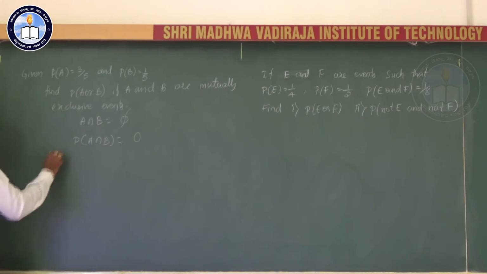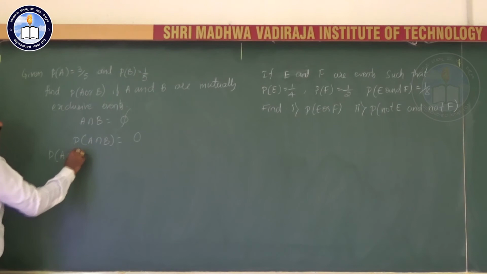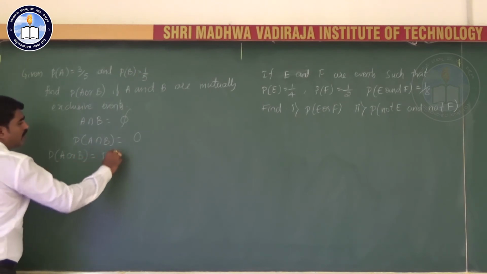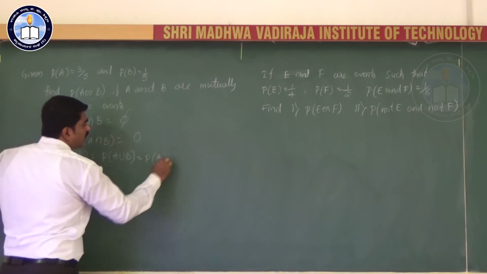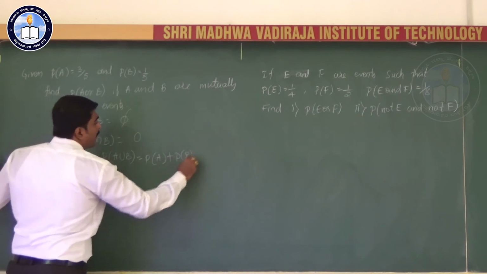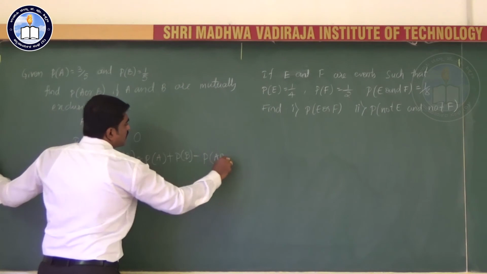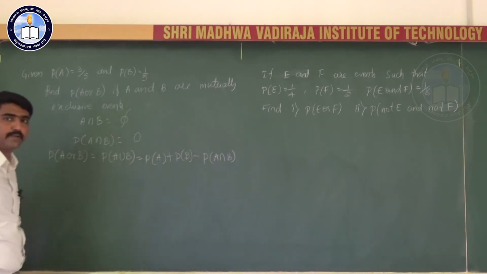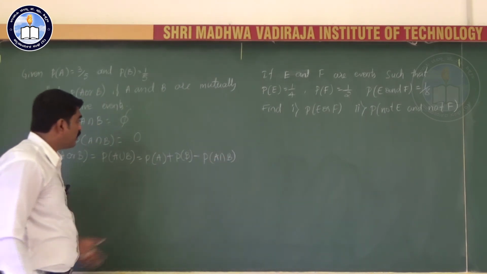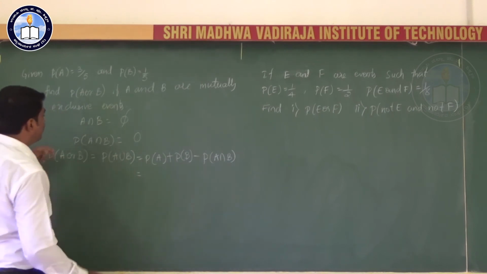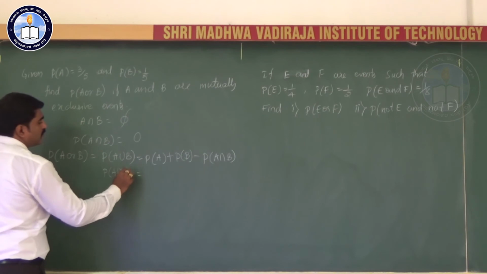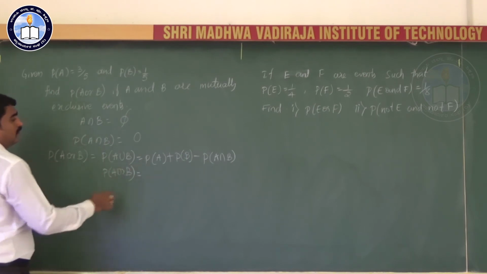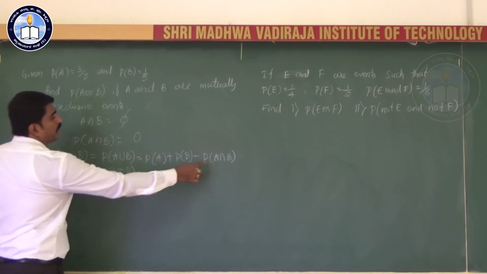And what is P of A or B? A or B is given by P of A union B. We have the formula P of A plus P of B minus P of A intersection B. I have already explained how it has come. So P of A plus P of B, and the intersection becomes 0.